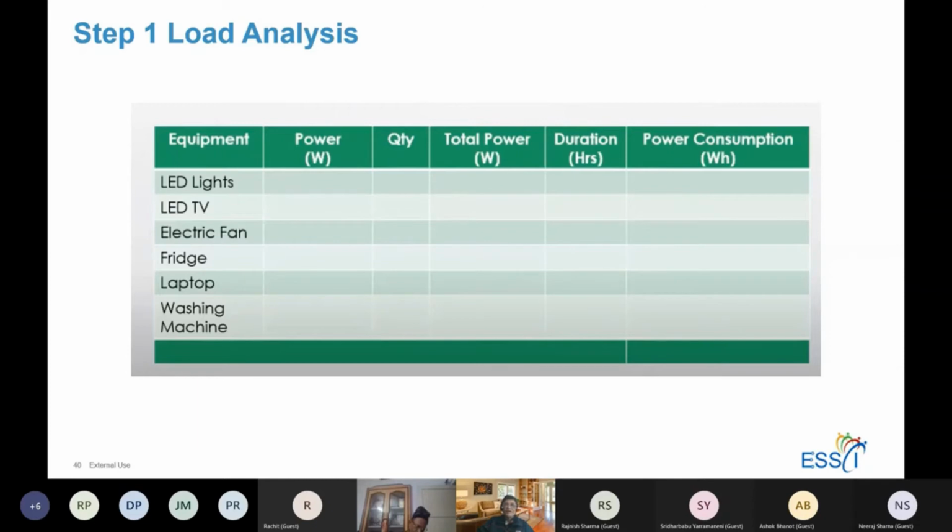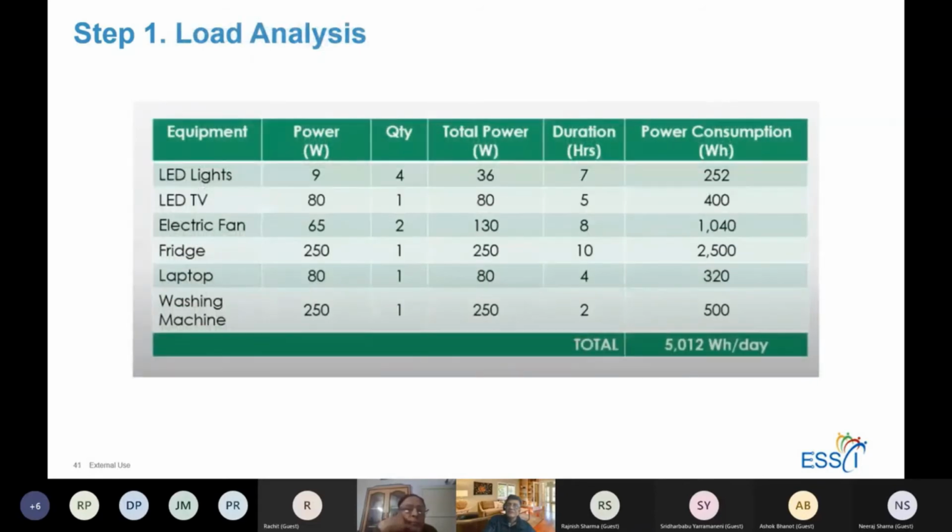You'll make a worksheet listing all the equipment you're going to run off that particular power source, and put the power for each element and the quantity of each, and calculate the total power and how long each device is going to be used, to calculate the total power consumption in watt hours.